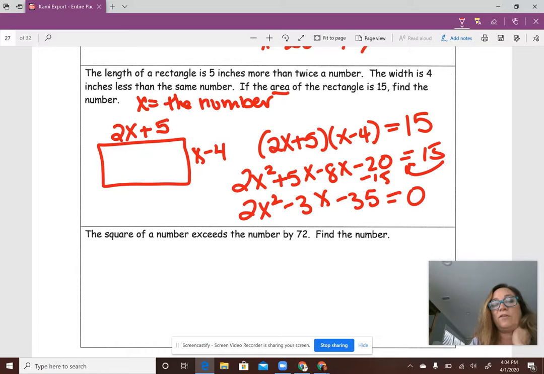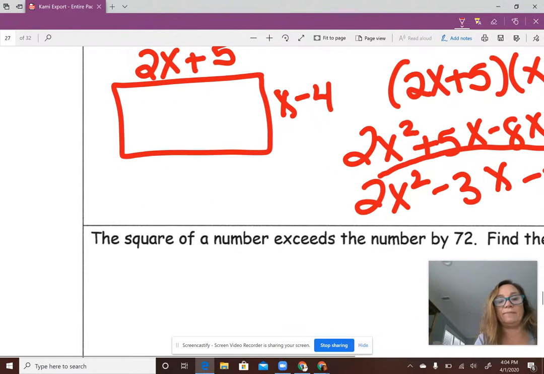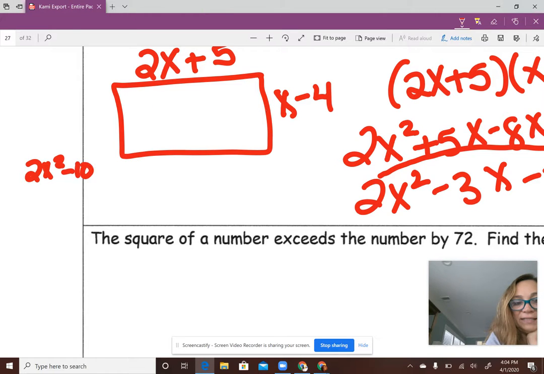All right, so that's the splitting thing. So I'm going to do 2 times 35 is 70. Obviously I'm running out of room here. 2x squared minus 10x plus 7x minus 35 equals 0.